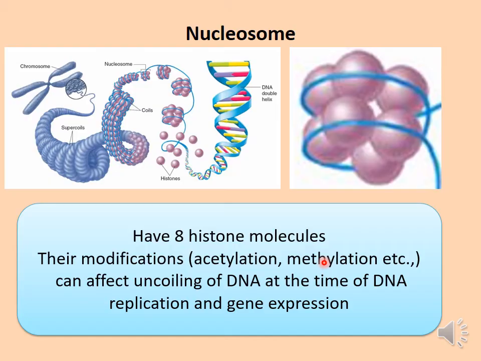These modifications can affect the coiling and uncoiling of the DNA bound to those histones. Especially uncoiling of this DNA is very important at the time of DNA replication and gene expression. That is, processing of the genes in DNA to make RNA molecules or proteins. So after finishing these processes, the DNA should coil once again.